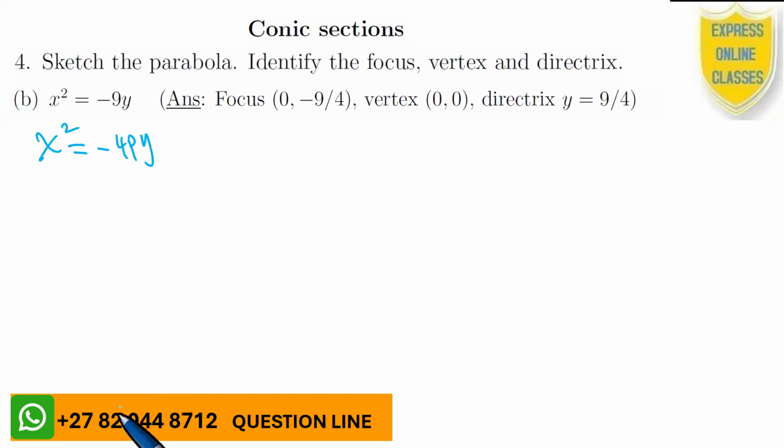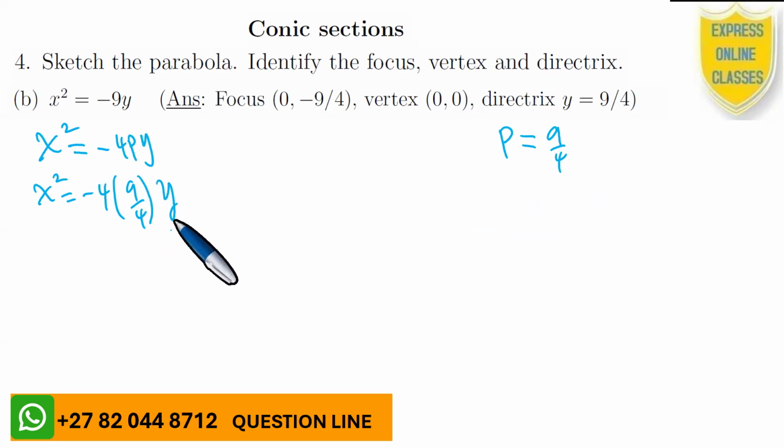So p itself is going to be a positive number, so it's going to be 9 over 4. Which means it is x squared equals minus 4 times 9 over 4, and then y.